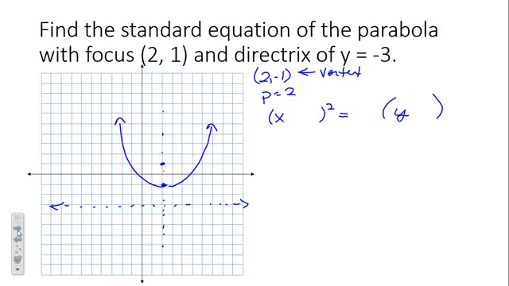So x is going to be minus or plus 2? Minus 2. Always the opposite of whatever the point is. And y will be plus 1. And p is 2, positive or negative? Positive 2. So we'll have 4 times 2, 8 again.